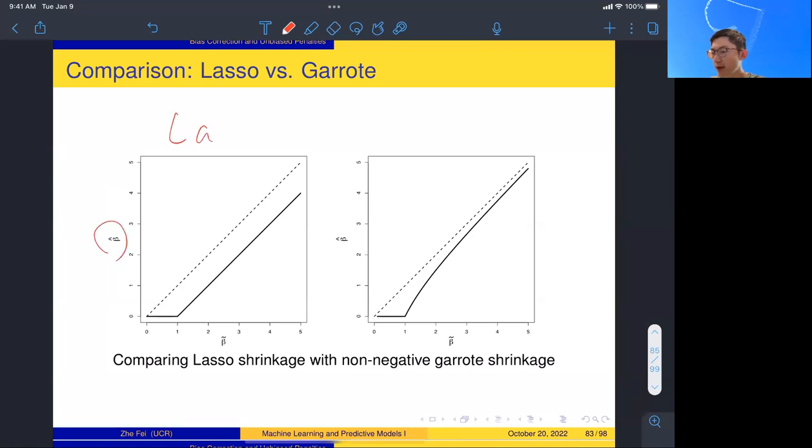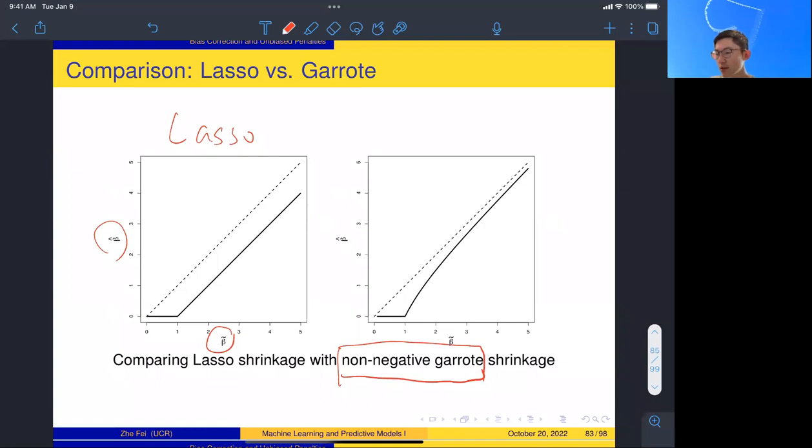On the left we have the lasso, and on the right we have the so-called non-negative garrote shrinkage. We plot beta hat versus beta tilde. Essentially, beta tilde is what we get from lasso, and beta hat, you can consider as the truth.